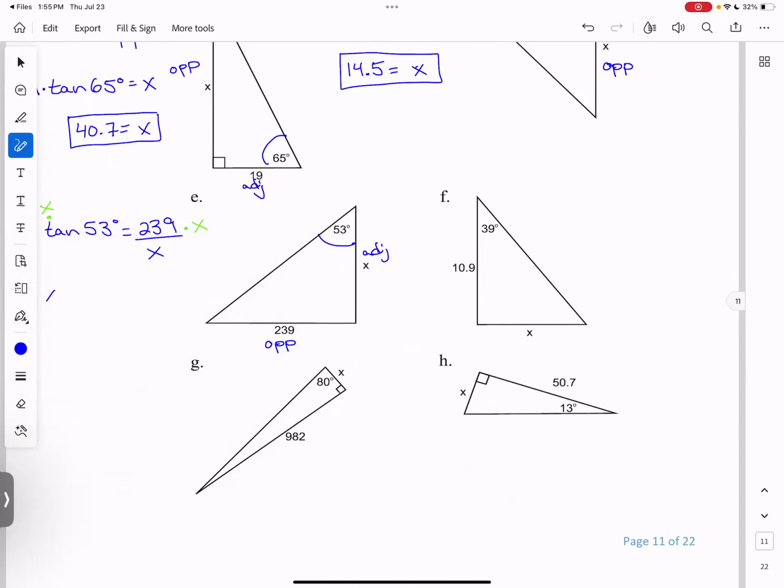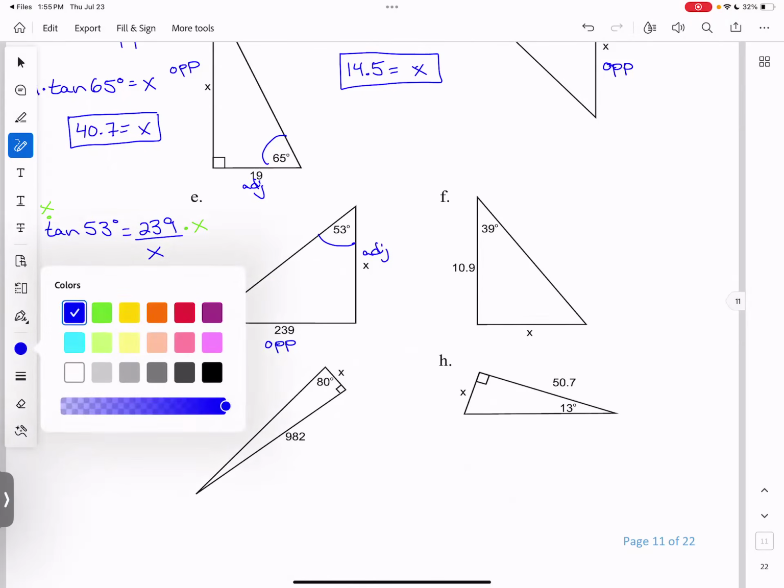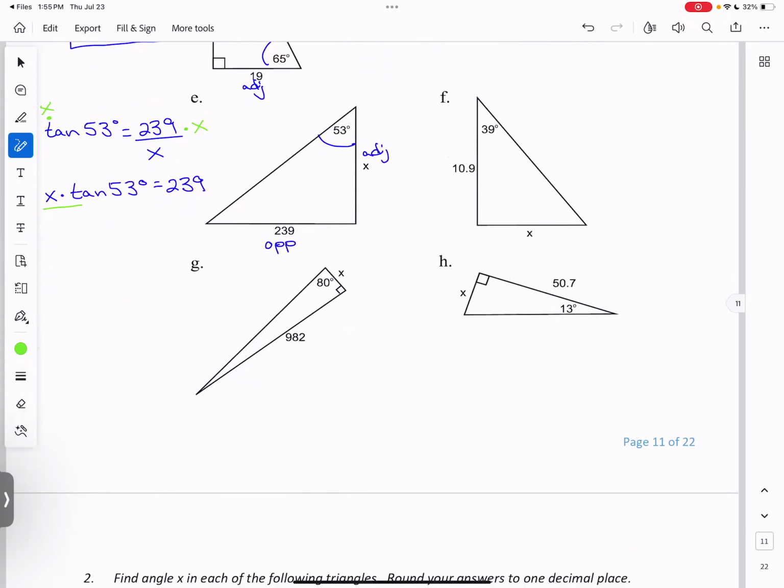And that gives me x times tan 53 equals 239. And now I can divide both sides by tan 53. Remember, tan 53 is just a number. It's just a ratio. So you can always multiply or divide by it.